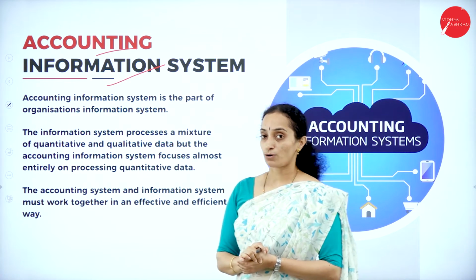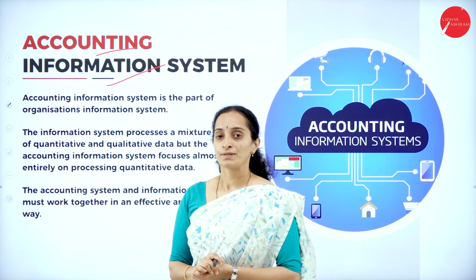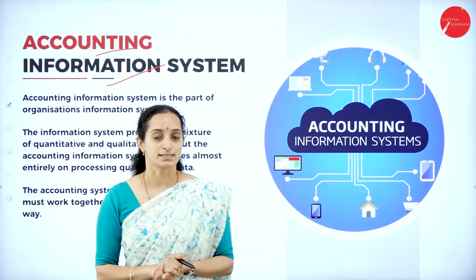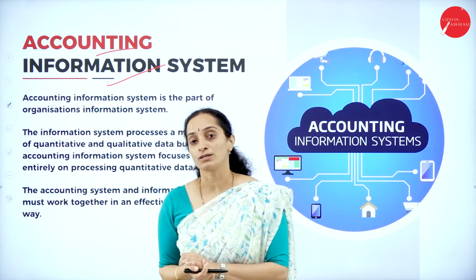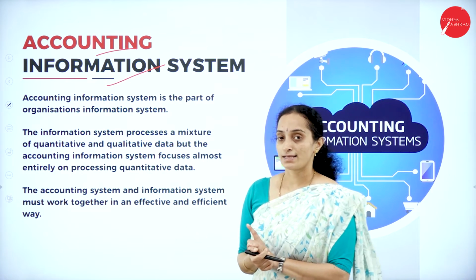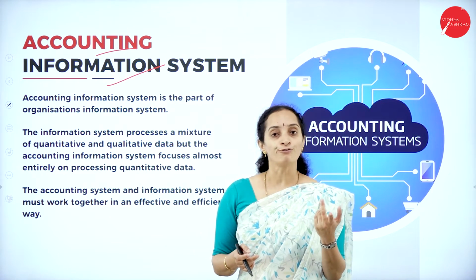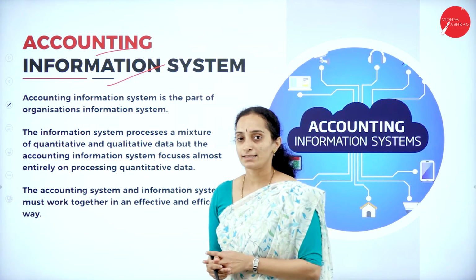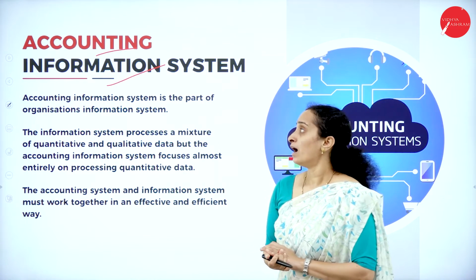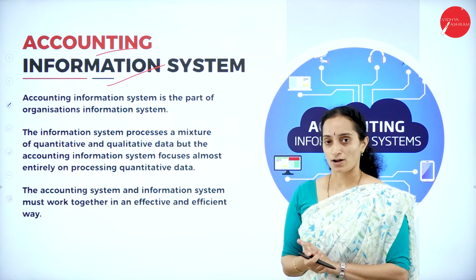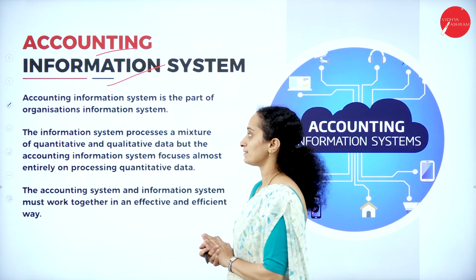Now what will this accounting information system do? It is similar to the financial information system, but the functions the accounting IS will do are different from that of the financial IS. Let's check what the functionalities of the accounting information system are.